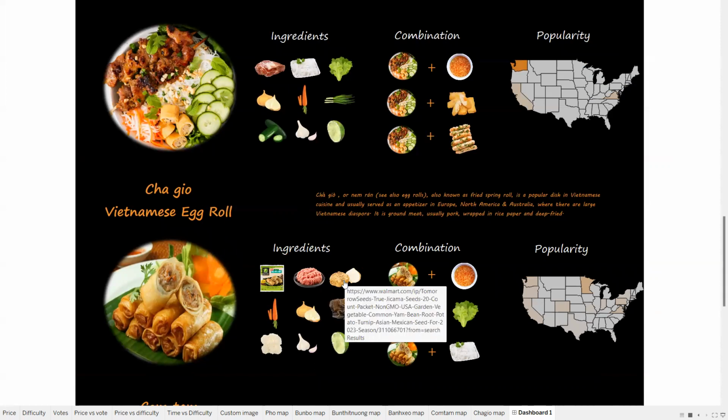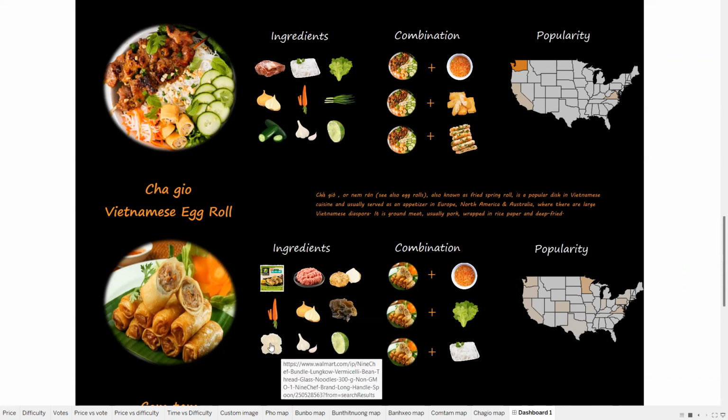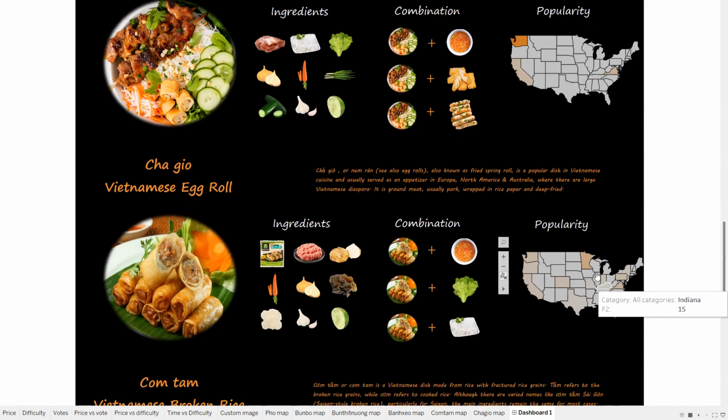They're going to make it crispy and juicy in the middle, together with a special mushroom, wood ear mushroom, and the bean thread noodle, to make the chả giò sticky. In terms of combination, this also goes really well with the fish sauce, with the salad, and the white noodle here. When it comes to popularity, it's getting more popular in Minnesota, Virginia, and Colorado.